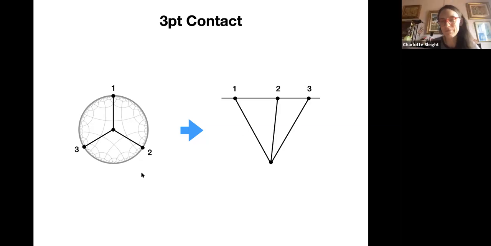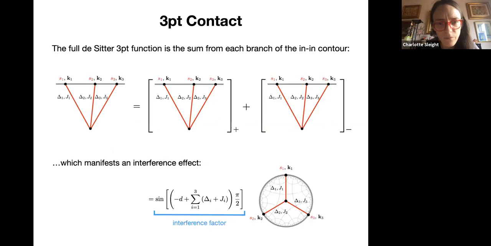Yeah, okay, these pictures are maybe a bit misleading. When I draw these diagrams, I'm just saying this represents a full contact amplitude within the in-in formalism, but technically you are right. For instance, technically I should write two diagrams, as you were saying.